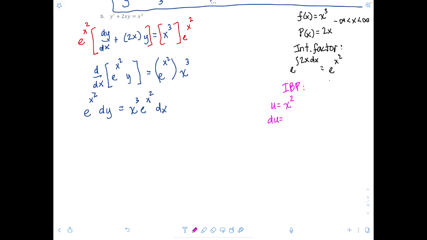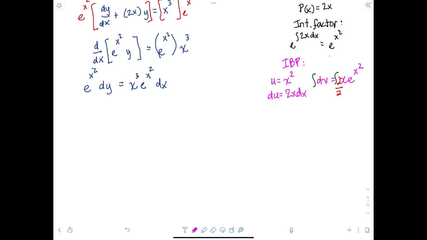Du will be equal to 2x dx. dv is going to be x e to the x squared dx. That's setting up that integration. We will need to have a 2, I'll just do it as 2 over 2. We will have v is equal to 1/2 e to the x squared.